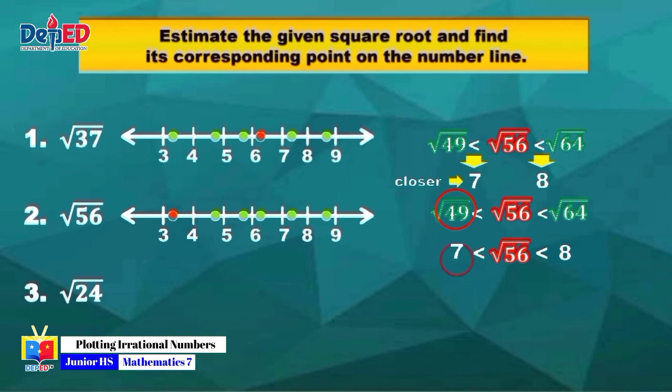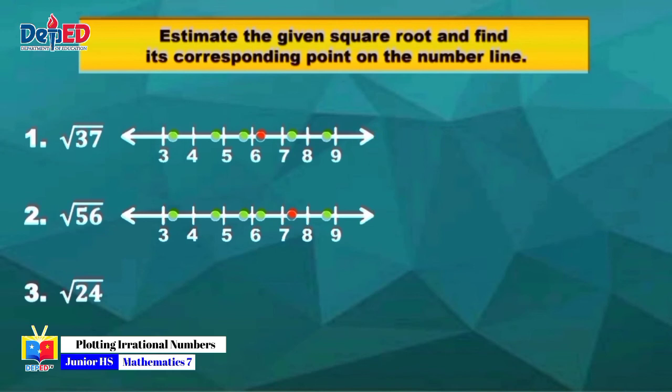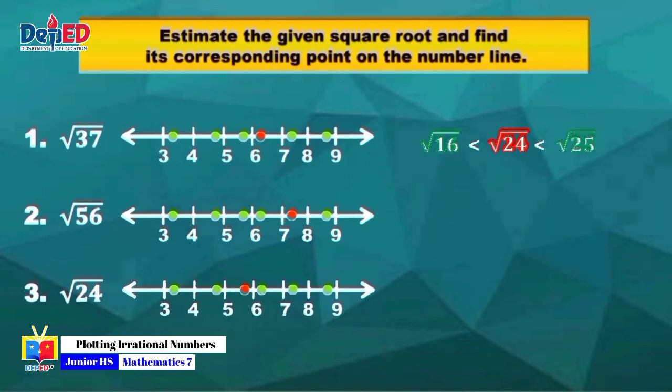Since the square root of 56 is closer to 7, the point must be closer to 7. Locate 7 and 8 on the number line and say freeze if you see the point. Freeze!